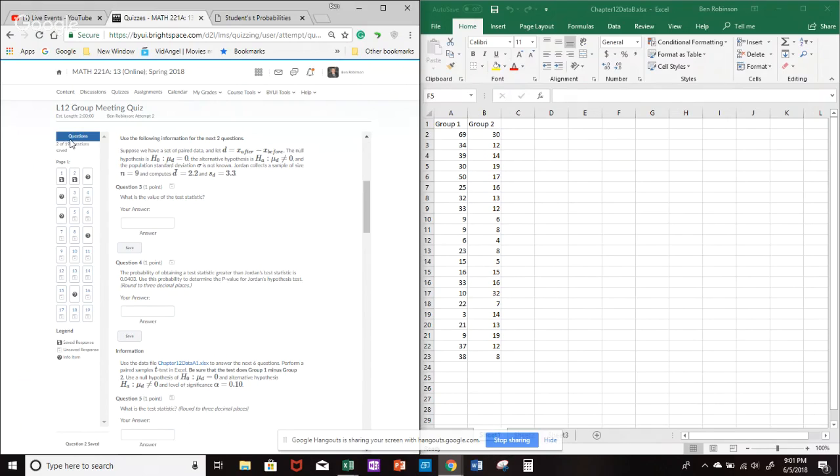So they're asking what is the value of the test statistic. Now, is that a point value then? It's a number. The test statistic in this case is the t-score.